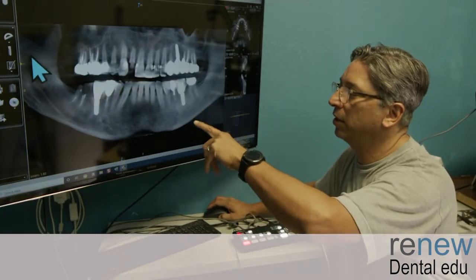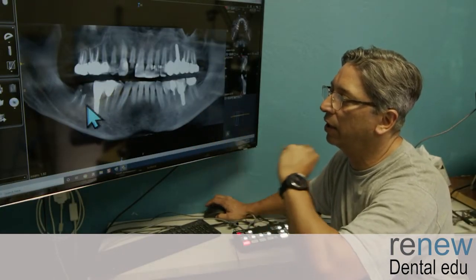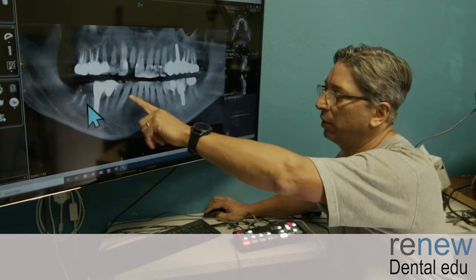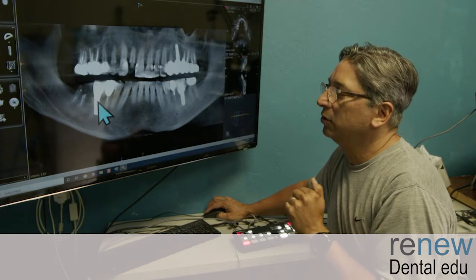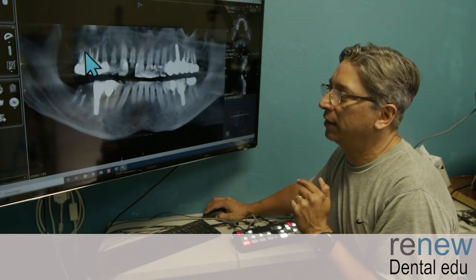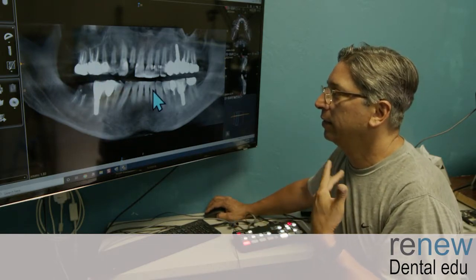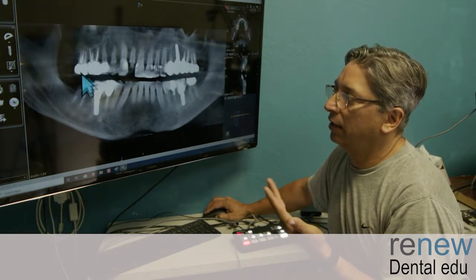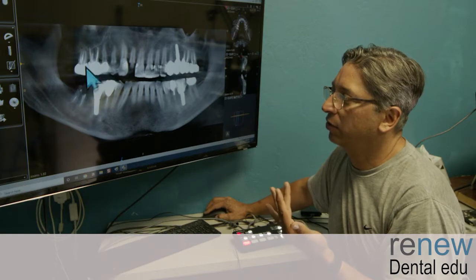Okay, so if we come here, let's look at that second molar area. I don't treat these, except in this case, we would just do an extraction. This is a 65 plus year old male, and I don't think that this is really going to come down.